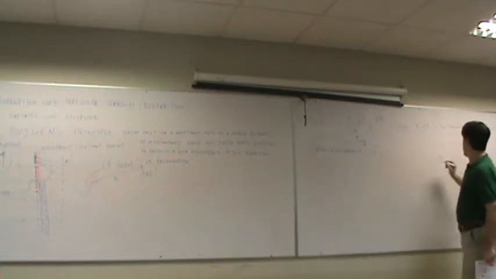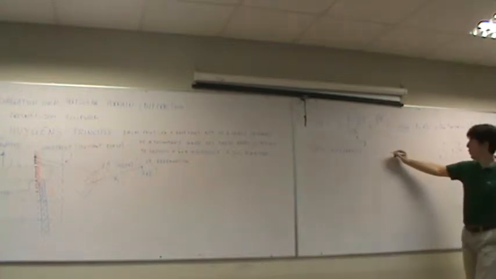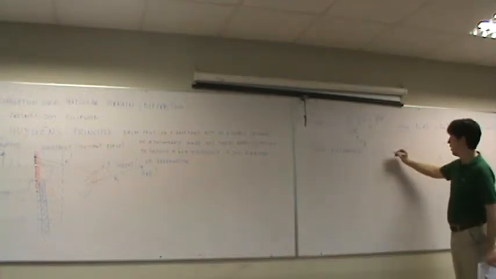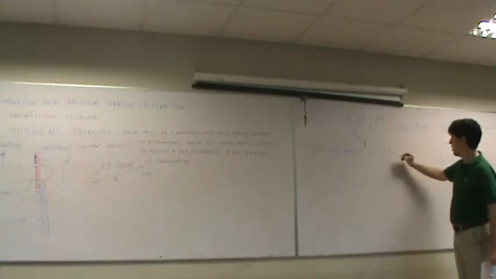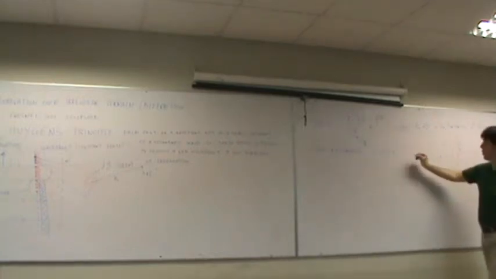The shortest path is R. This one is R plus delta. And delta can be calculated. This is a right triangle. It can be calculated simply as the square root of r squared plus rho squared.